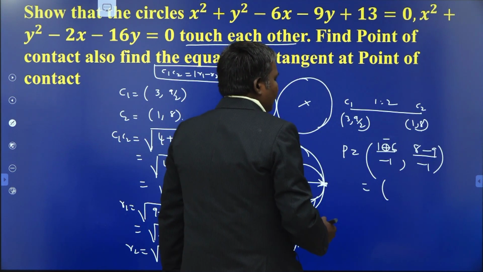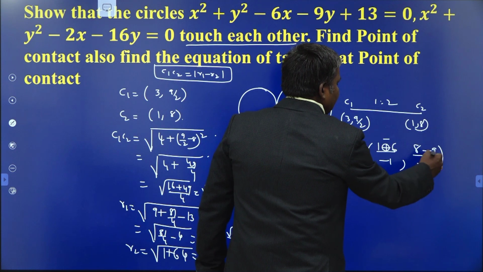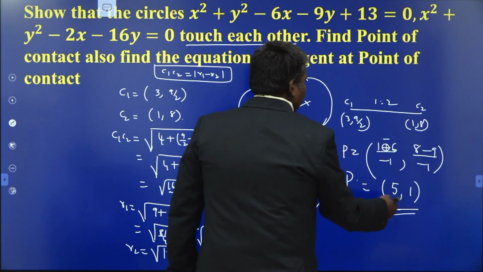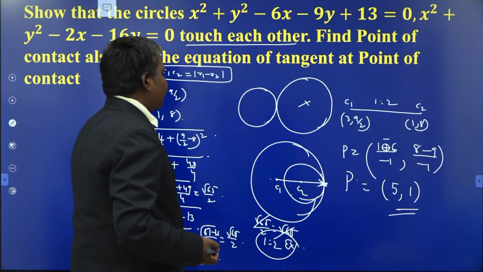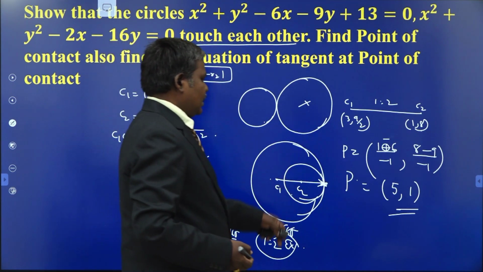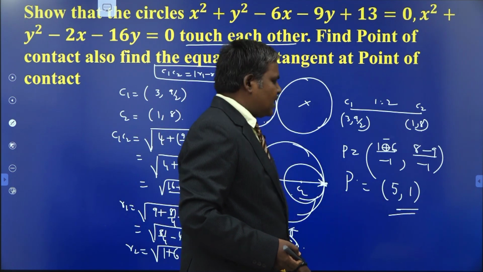So minus 5 by minus 1, that is 5, and 8 minus 9, minus 1 by minus 1, you have 1. So this is the point P, which is the point of contact for both circles when they touch each other internally. So the point of contact is here 5 comma 1.